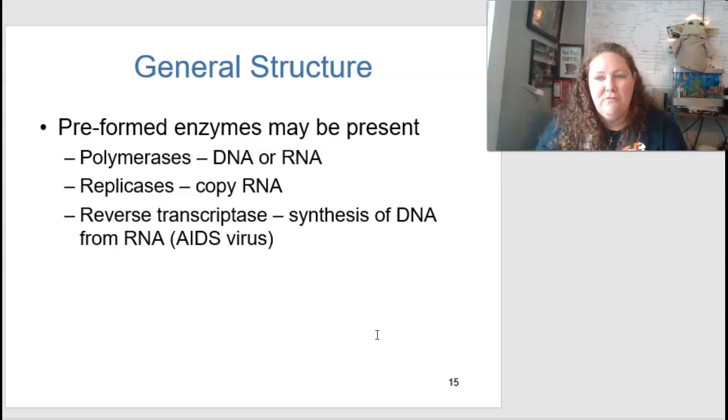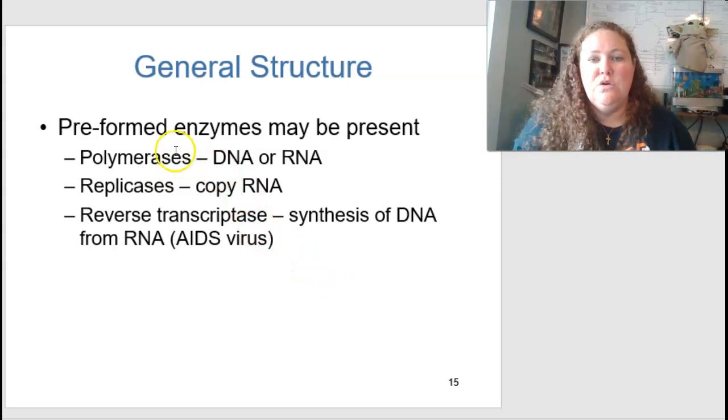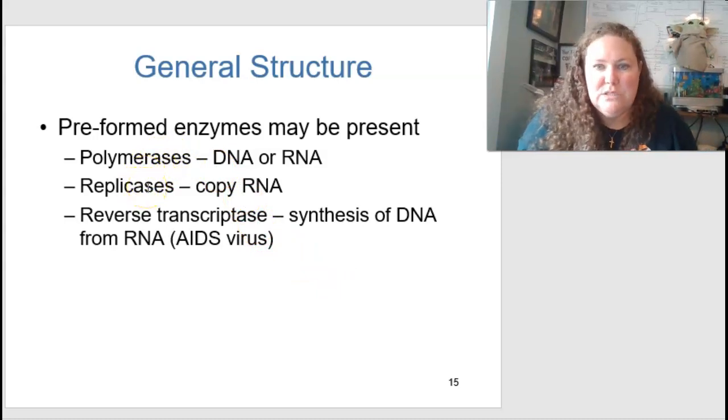Fun fact, to back up, enzymes are proteins, and proteins are functional parts of our body, right? So enzymes are specialized proteins, and enzymes end in the suffix "ase." So if it ever has ASE, then you know that that's going to be an enzyme, which is also a protein. The polymerase is an enzyme that deals with DNA or RNA.